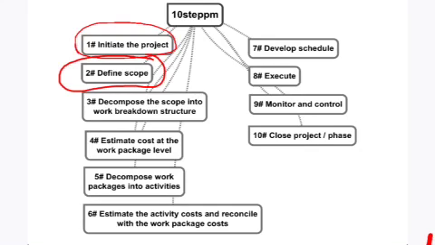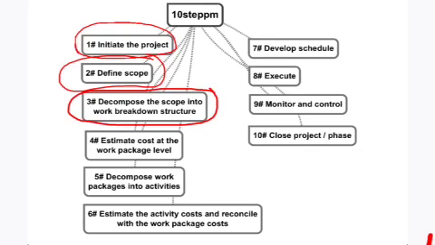Once the scope is defined, the next step is decomposing the scope into a work breakdown structure. Essentially, this is based on the divide and rule policy. The scope comes as a big chunk of requirements, which gets decomposed into smaller manageable pieces, and we develop a work breakdown structure.